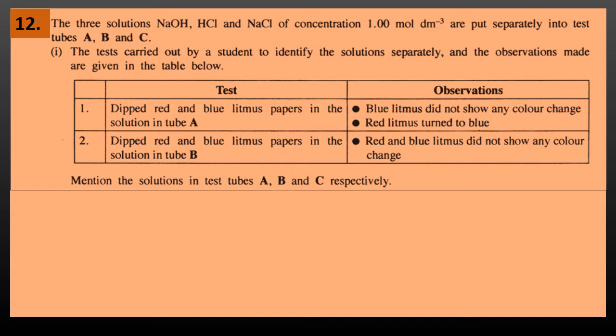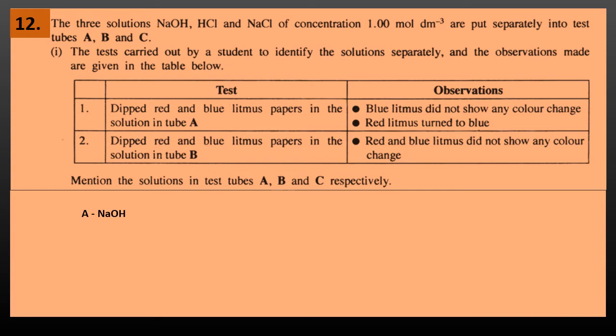Now refer to test 1. In solution A, blue litmus did not show any color change, but red litmus turned blue. So A should be a base. So A is the sodium hydroxide solution. Now refer to test 2.